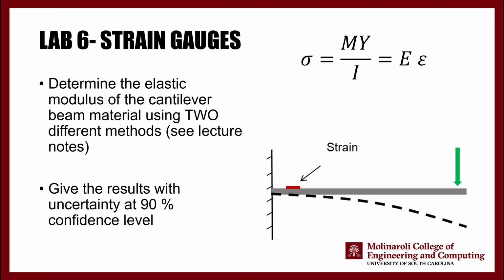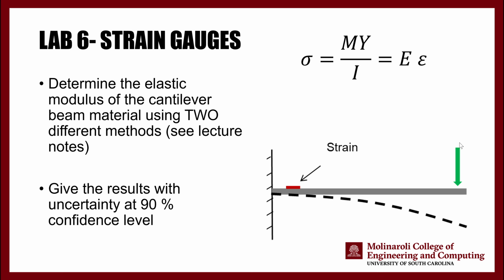Okay, so in the lab, what's going to happen is you will be given a beam like this. This beam is going to have a strain gauge pre-installed at a location close to your fixed support, and we are going to have a load cell installed closer to the free end of the beam.